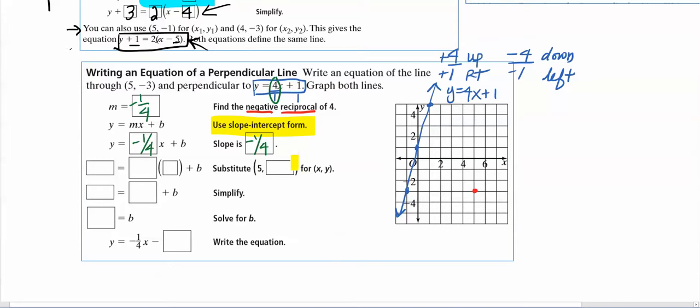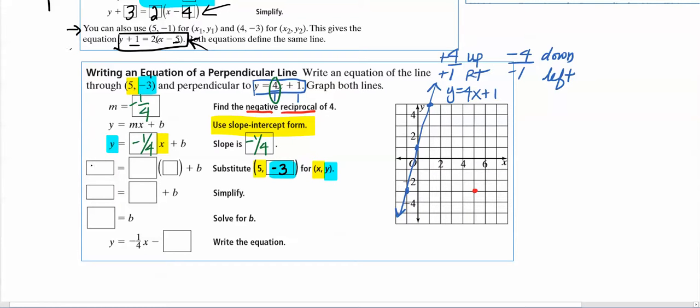So what you do is you take this point, (5, negative 3), and substitute 5 and negative 3 for x and y. So 5 is the x, so where I see this x here, I'm going to put 5, and where I see y, I'm going to put negative 3.